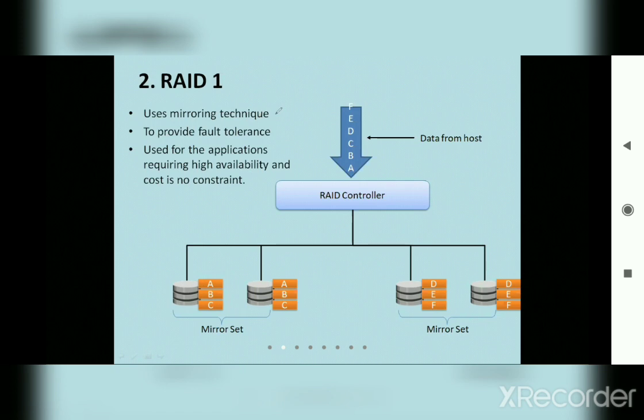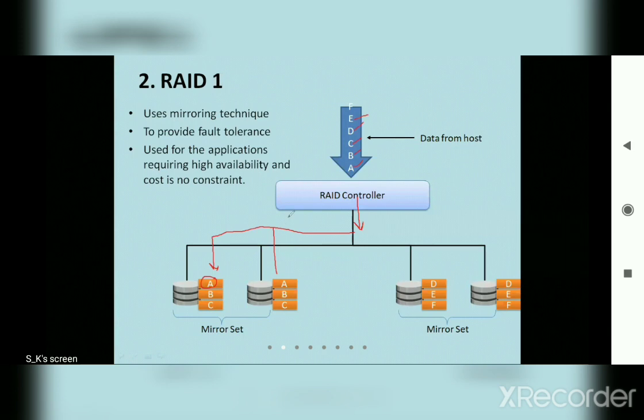For example, the data A, B, C, D and E is being sent. What the RAID controller is going to do is first send the data here. As it is mirroring, it will first store A, and at the same time the same copy is also fed to disk 2.